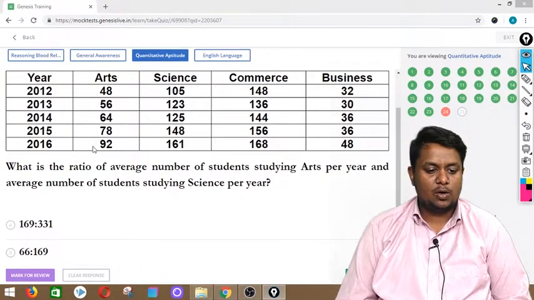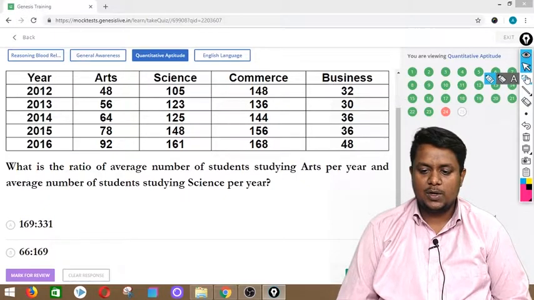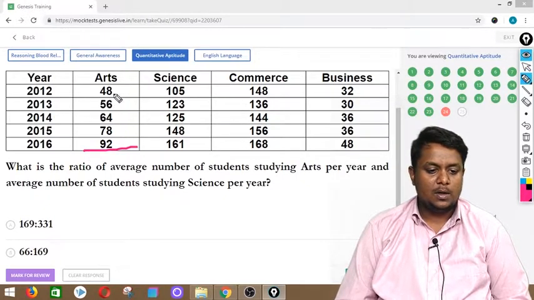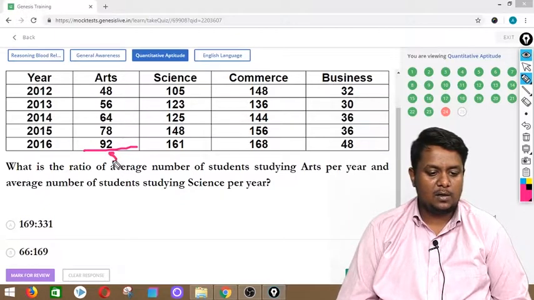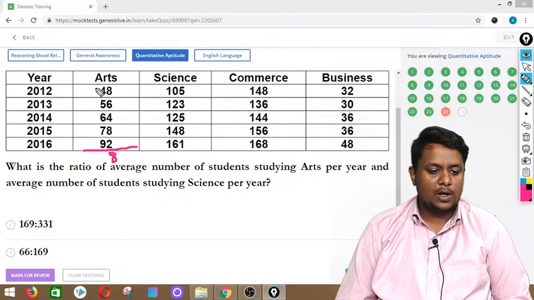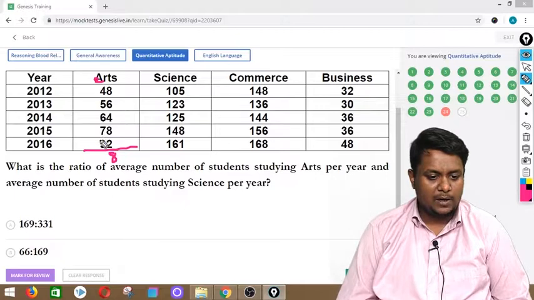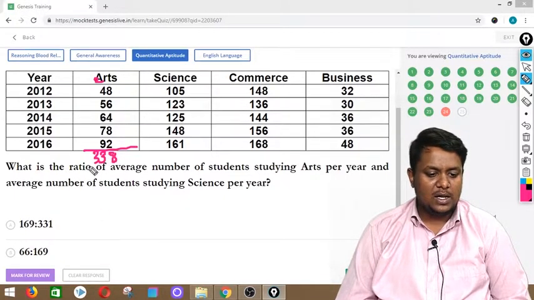So arts, the total number of students. So let's add them. 8 plus 6, 14, 18, 26, 28. So it ends in 8. 2 carry over. So 6, 11, 17, 24, 33, 338. And if you see, 338 by 2 is 169.